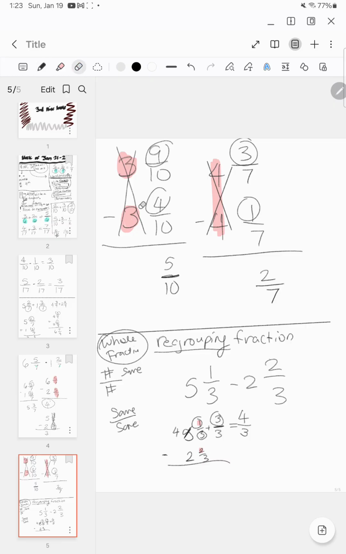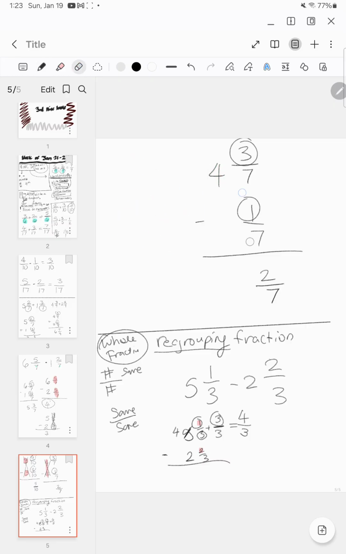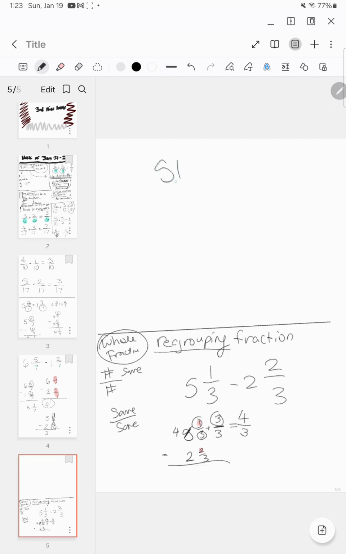So in a way, I'm going to link this to showing you this is a lot like borrowing with regrouping, right? Because you take from the 5, you take from the larger number, that 5 will become a 4, and then whenever you borrow in regular whole number subtraction, you're always borrowing a 10.